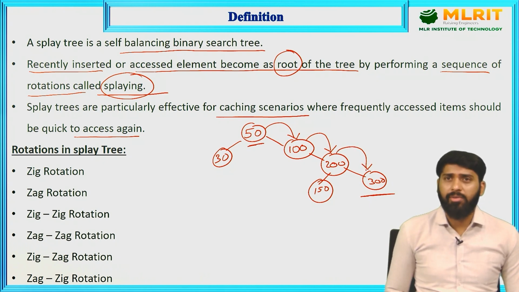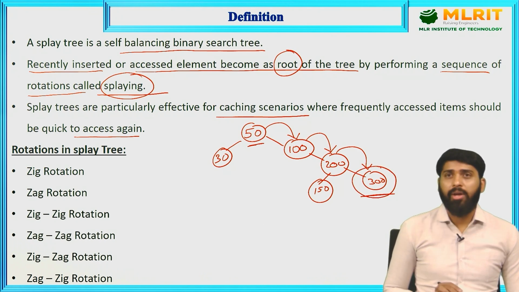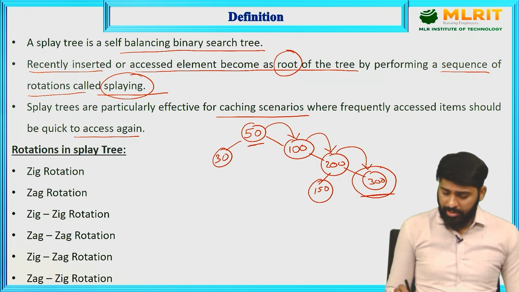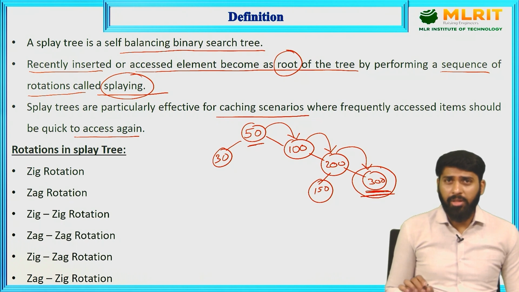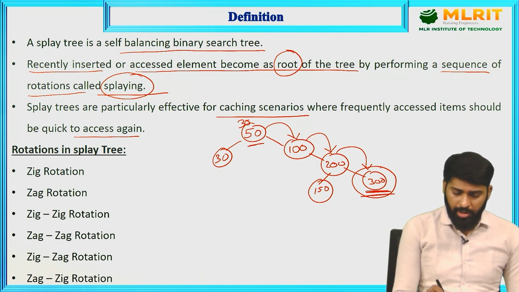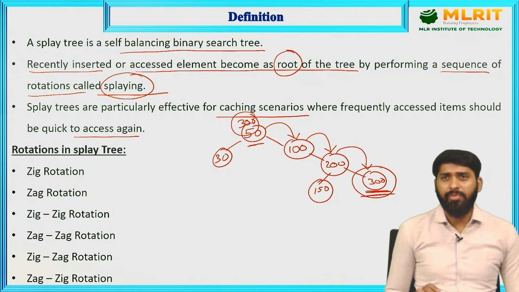Here 300 equals 300, so the element is found. In a particular problem, I may want to access 300 many times. Now the time complexity will be very high, so make this 300 the root. If you make 300 the root, then when we access 300 many times, the access time will be reduced. That is the application of splay tree.